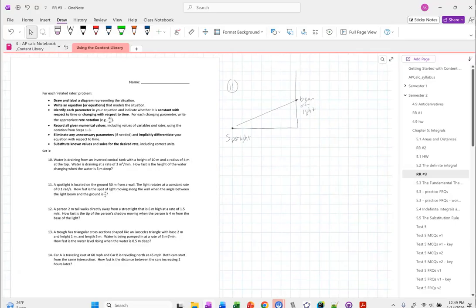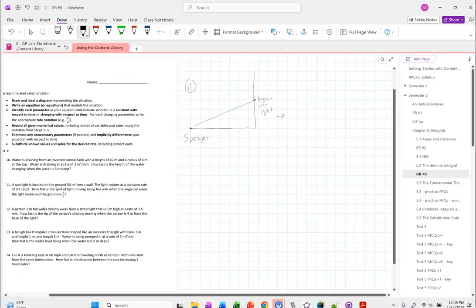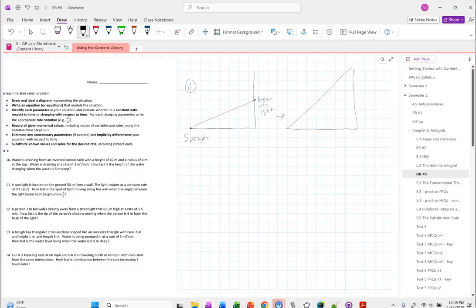So this is kind of what's happening. And as time progresses, that's kind of what's going on. It's like moving up the wall. Okay?